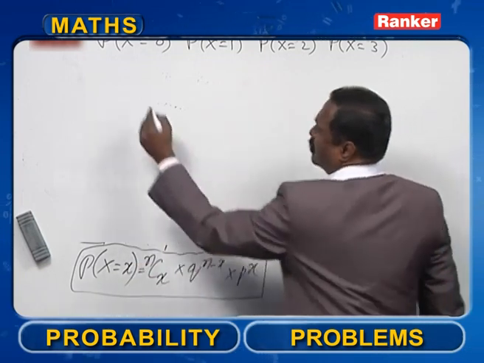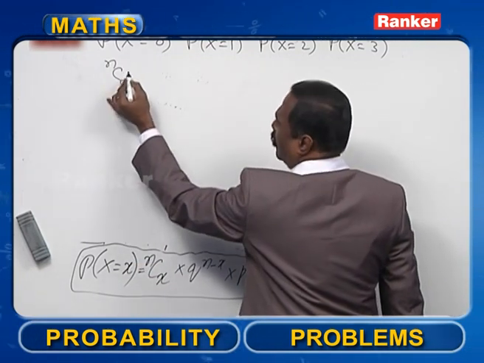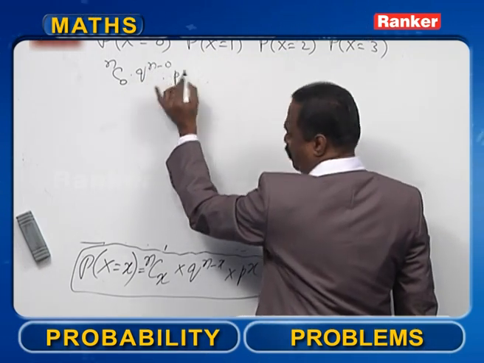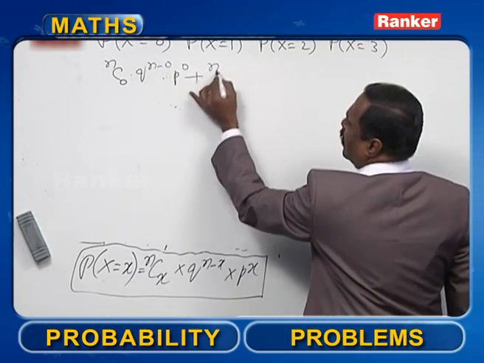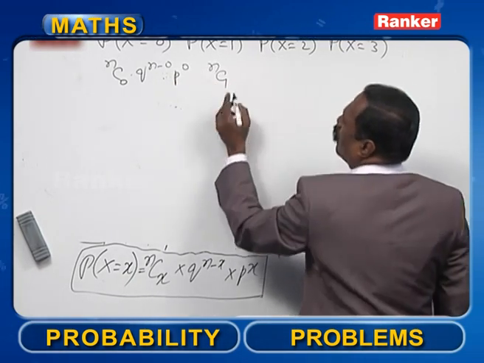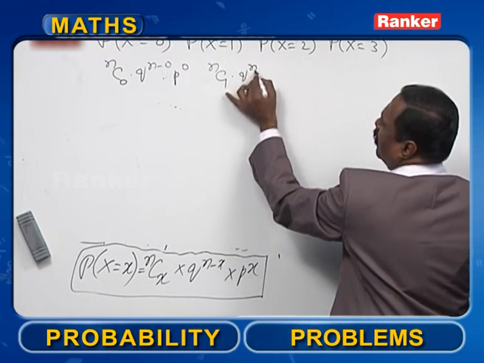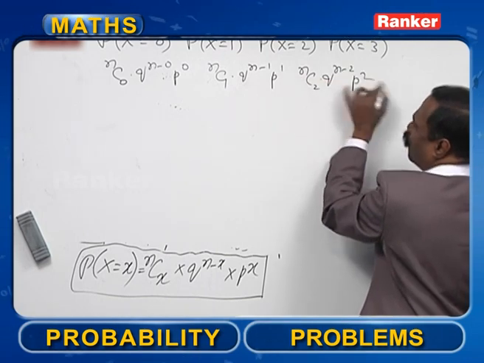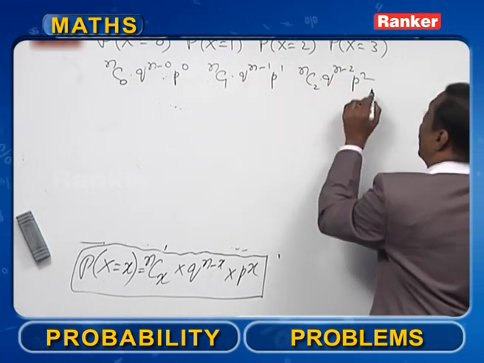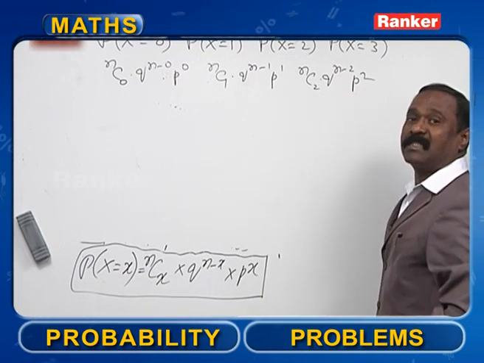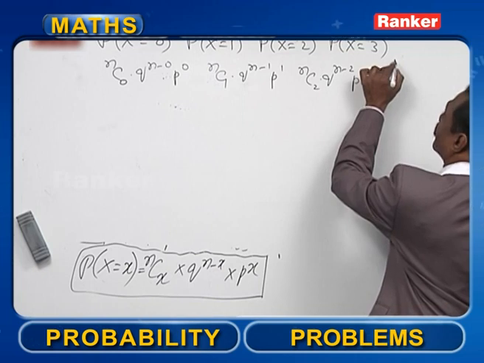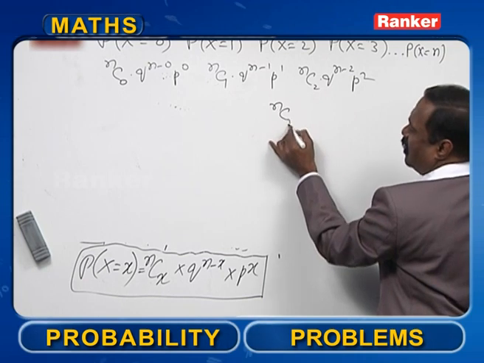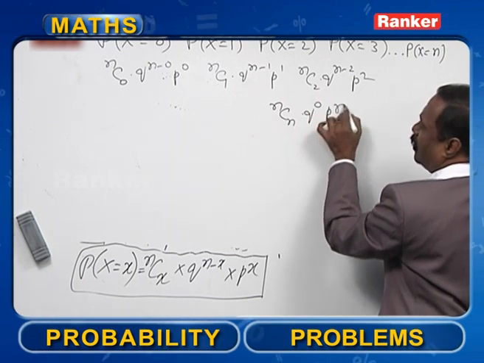So, 0 successes is nothing but nC0 into q power n minus 0 into p power 0, plus nC1, one success, nC1 q power n minus 1 into p power 1, two successes, nC2 q power n minus 2 p square, and so on. How many successes? n number of successes, and so on. P of x equal to n. What is the last term? nCn into q power 0 into p power n.